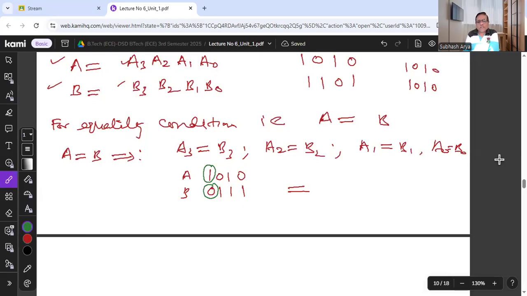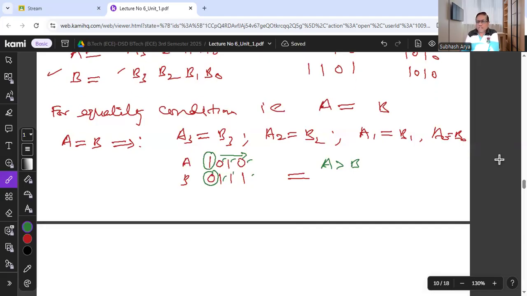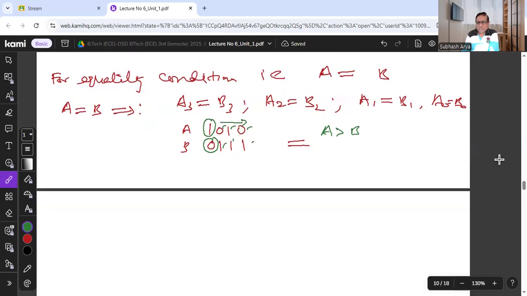So from here only we can conclude that A is greater than B without comparing the next lower bits like A2, A1 or A0 with B2, B1 and B0. And that is what we do in practical life. So that is the case for equality.